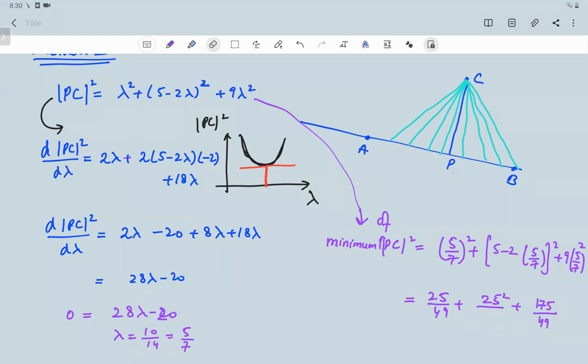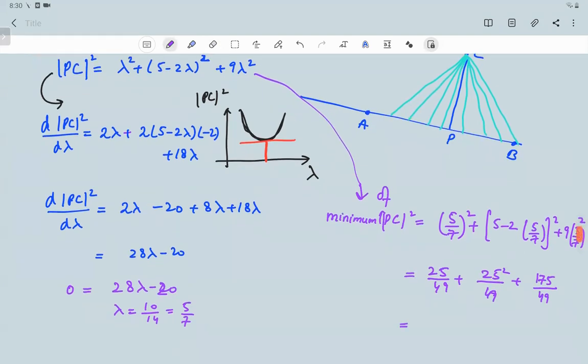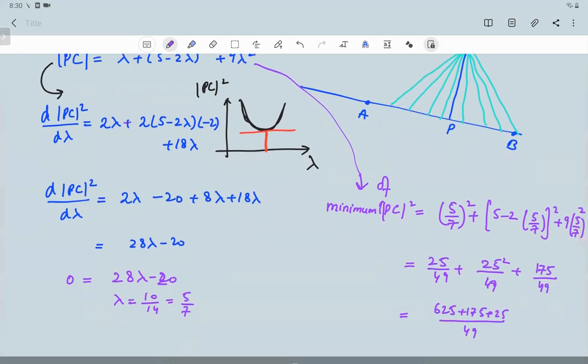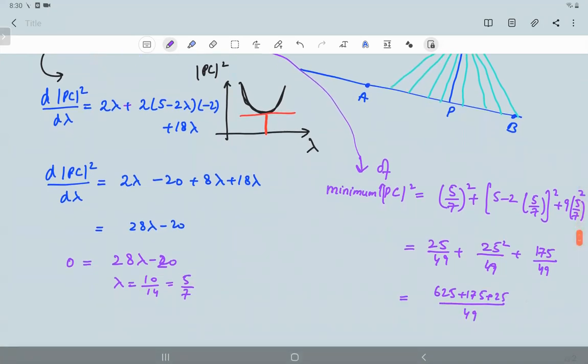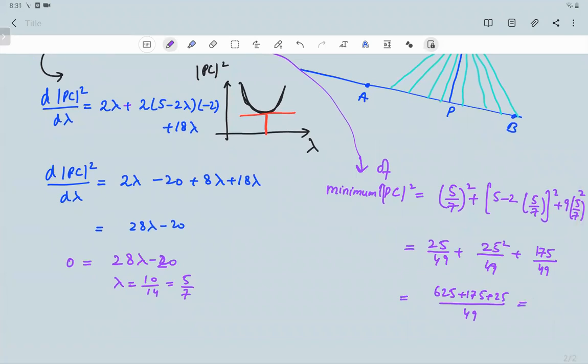And this is also equal to 49. So when we simplify it, it's 625 plus 175 plus 25 over 49, and it is equal to 825 over 49.